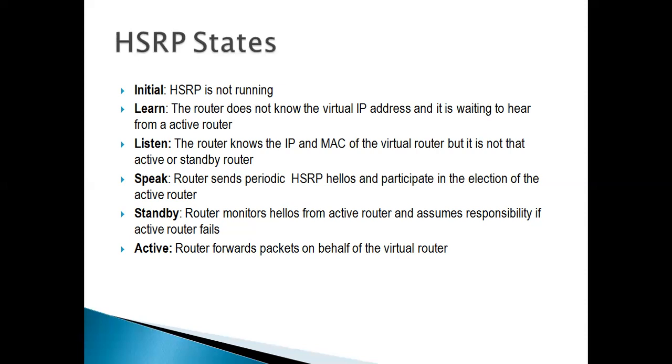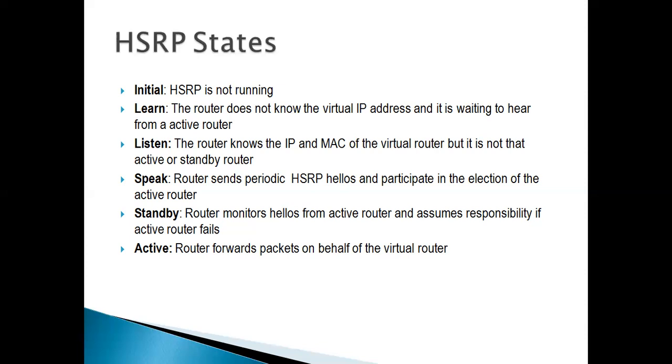The last state is active. The router forwards packets on behalf of the virtual router. The virtual router means the virtual IP address which we configured while configuring HSRP on the router, and that IP is movable.